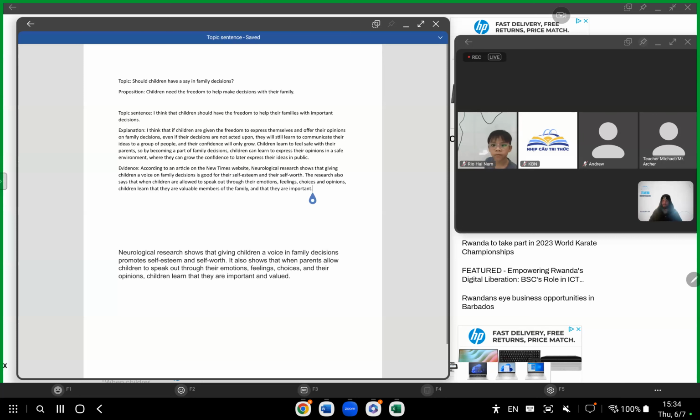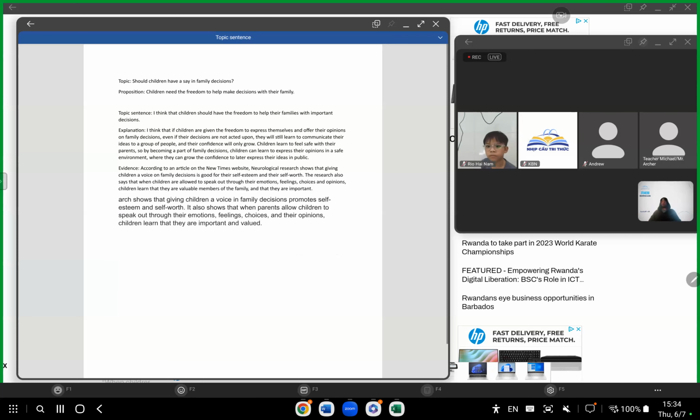So that is an important thing to consider, that we always want to reword things and we want to give the original author credit for it. Now, our final part is our linking sentence.